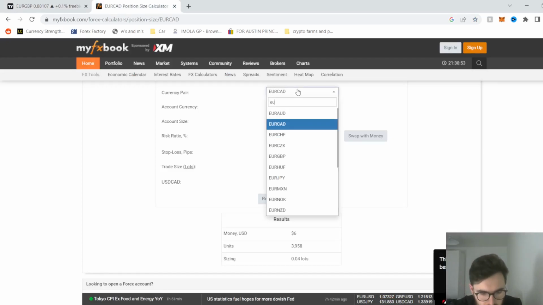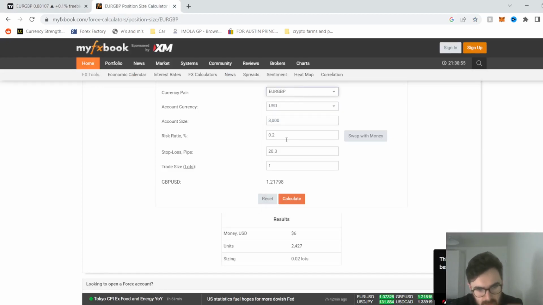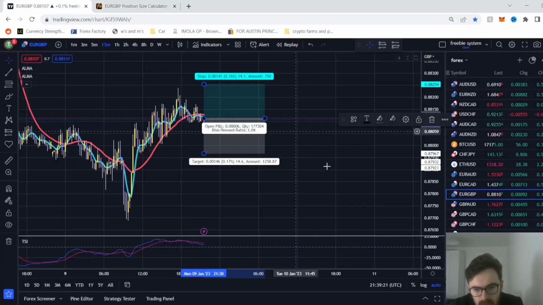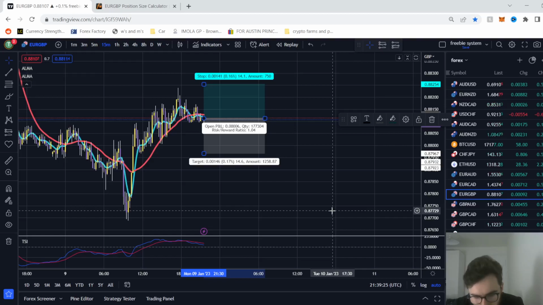We're going to jump over to our position size calculator, and we're going to go Euro GBP, and it's 14.1 pips, so we can place an 0.03. So we're just going to open our phones, find Euro GBP, which I need to add, click trade, and 0.03, and our stop loss is at 0.88254.